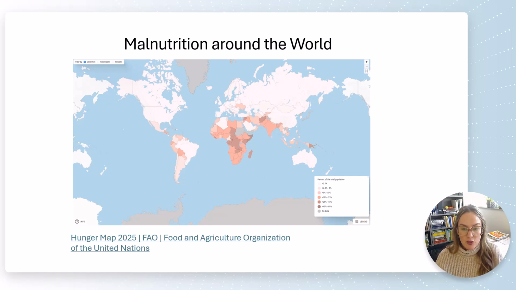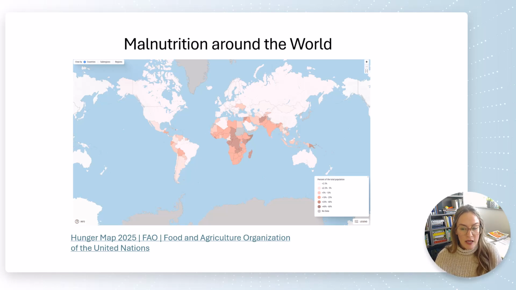So let's zoom out and talk about what malnutrition looks like around the world. This is Hunger Map 2025, and just like we see how food insecurity is really concentrated in the southern parts of the US, we also see that malnutrition has that same tendency to be concentrated in certain parts of the world. Most of the really high rates, 40% or above, are in the middle section of the continent of Africa.